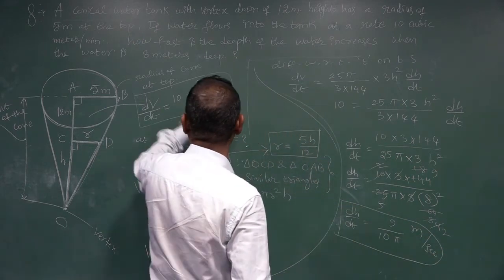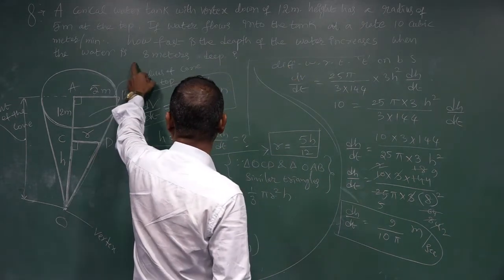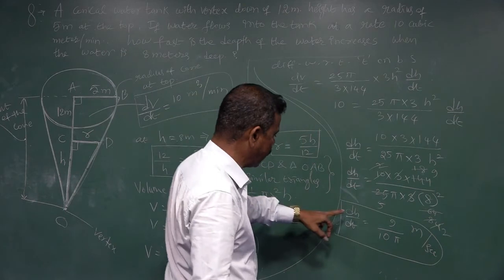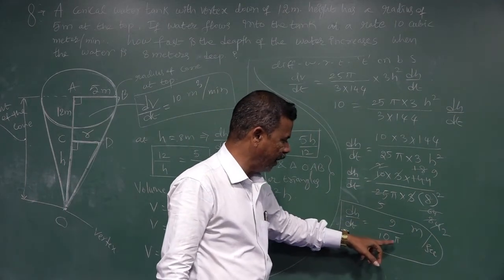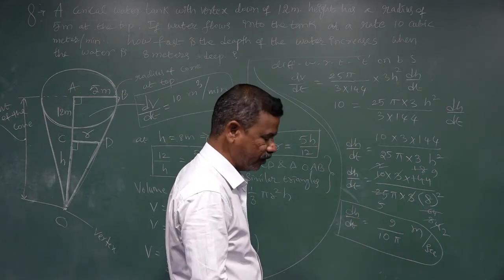The question asked: how fast is the depth of the water increasing when the water is 8 meters deep? That is dh by dt, 9 by 10 pi meters per second.